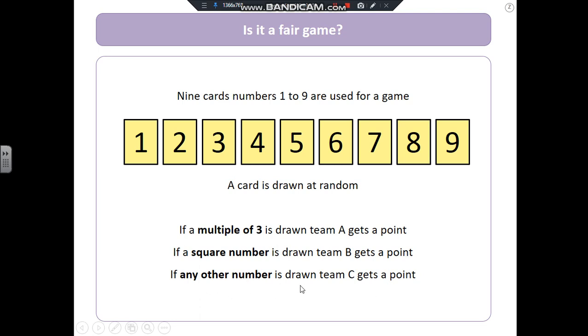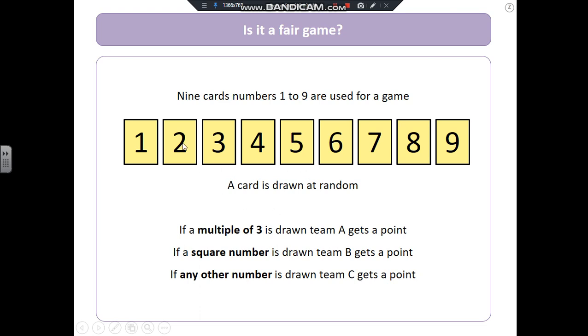And if it's any other number, Team C gets a point. Team C wouldn't get a point with 1 because that belongs to Team B. 2, Team C would get a point. 3, no. 4, no. 5, yes.